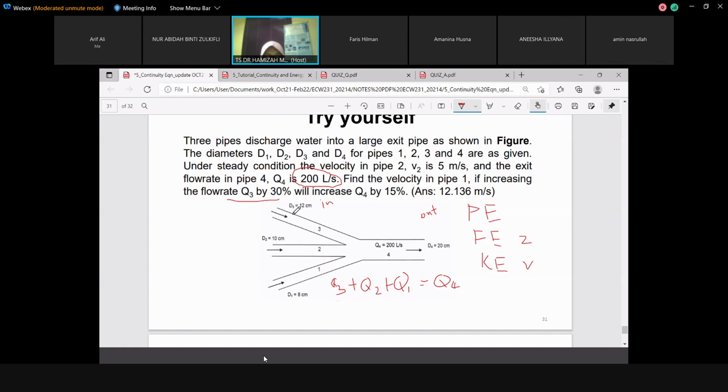But actually there is no elevation. Okay, this part is the view from the horizontal. So bila view daripada atas tu sebenarnya tak ada elevation, pipe tu sama level. Boleh untuk velocity, untuk discharge ni? Okey ke?